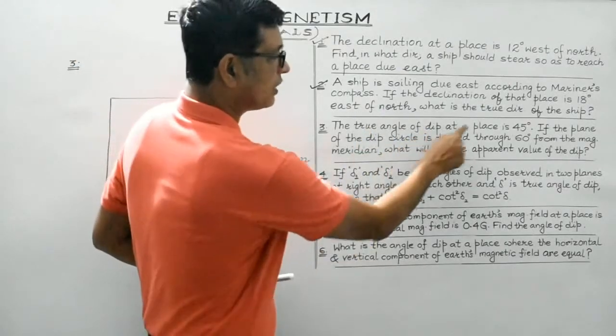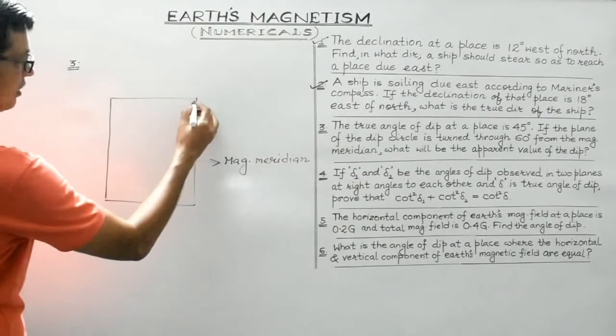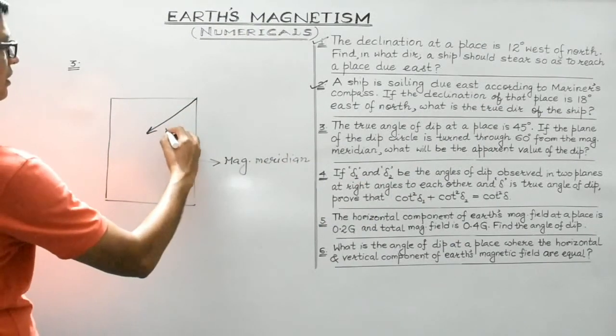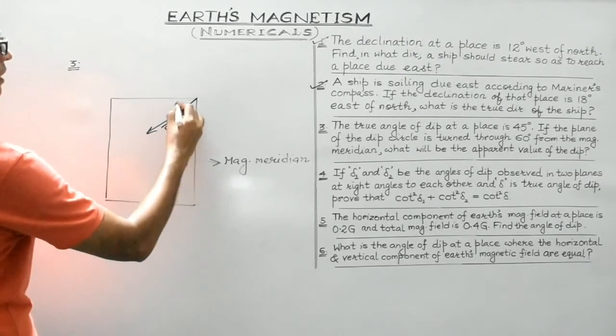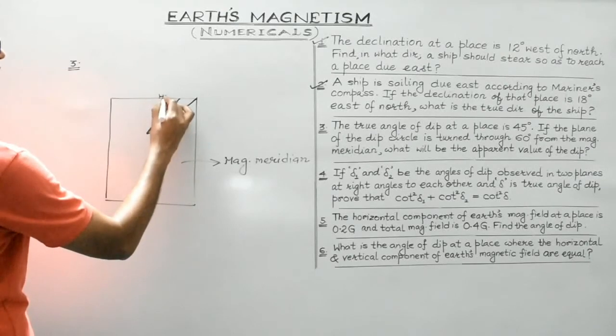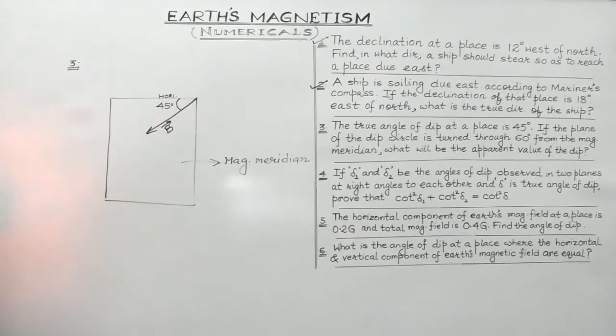So the true angle of dip at a place is given to be 45 degrees. So this is the direction of the Earth's total magnetic field. This is B, and it is making an angle of 45 degrees with the horizontal. Right, students?